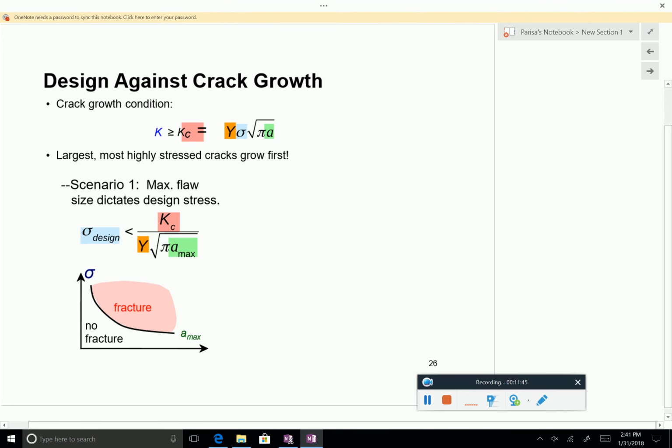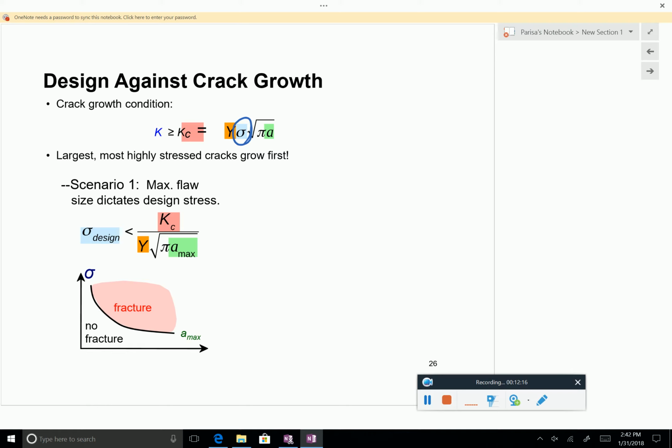Anyway, I told you that this equation is useful to design for fracture, or to design such that we don't have fracture. How? Well, you either want to make sure that the stress here is small enough not to reach the critical stress and not to cause fracture. So you don't want to be here, you want to be here.